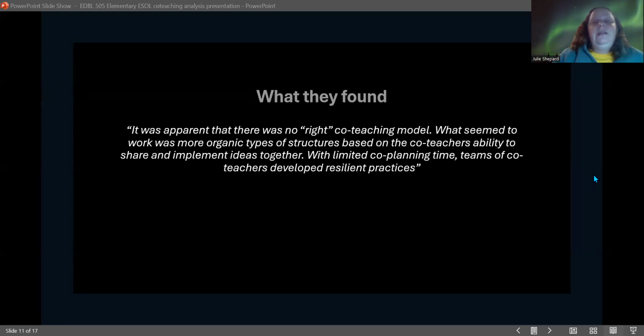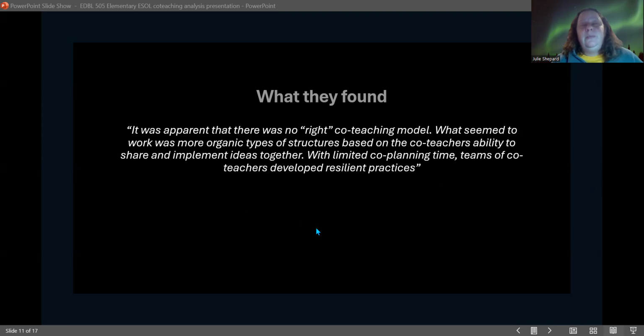So what they found in the study was it was apparent there was no right co-teaching model. What seemed to work was more organic types of structures based on the co-teachers' ability to share and implement ideas together. With limited co-planning time, teams of co-teachers developed resilient practices.